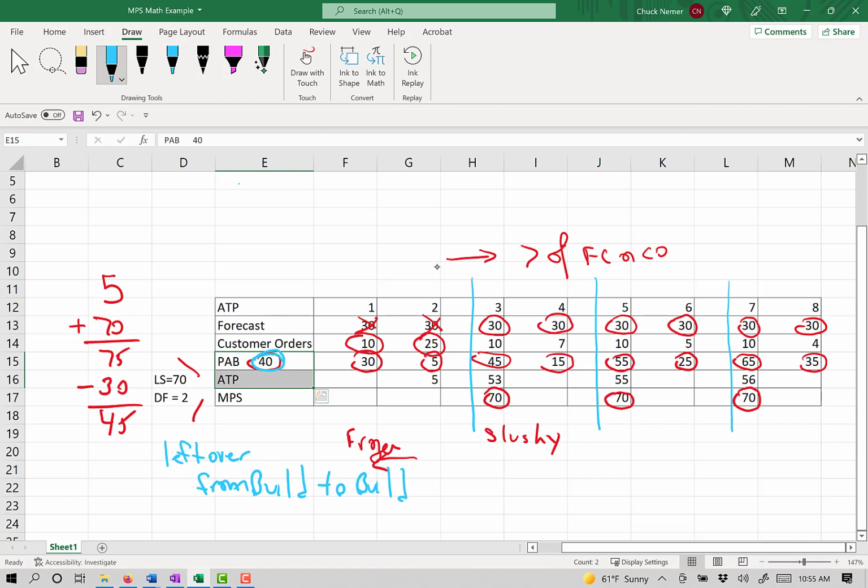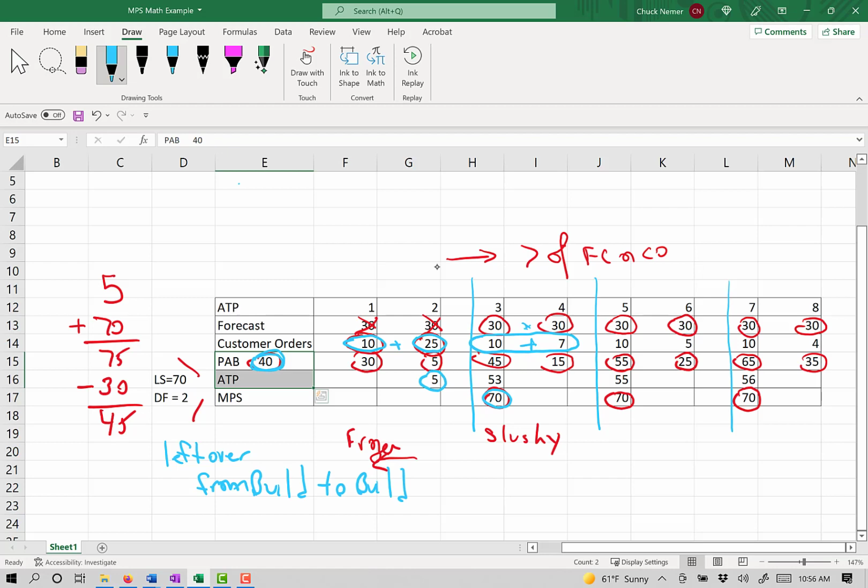So we have this 40 on hand. We have actual customer orders for 10 plus 25. So we have demands for 35 of the 40 we have on hand. Therefore, we have 5 left over, or available to promise, from the 40 on hand. The next build of 70 in period 3 has to cover orders for 10 plus 7. Do we have a forecast for 60 total in those 2 periods?